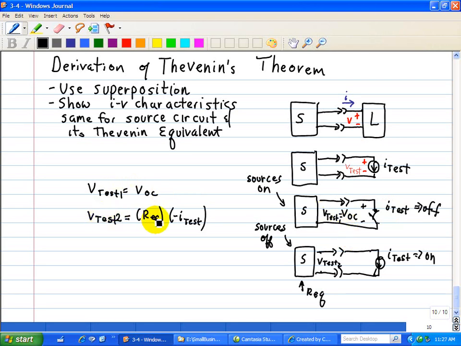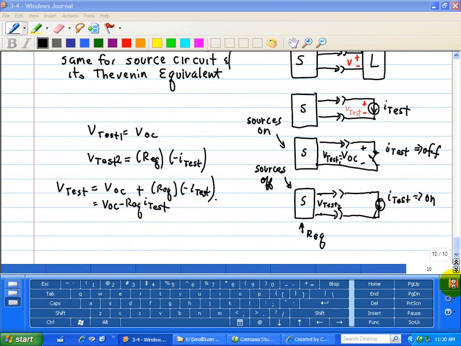And V test 2 is when we turn on this I test and then we turn off the source voltages here. So adding these two voltages, V test, we get VOC plus R_EQ times minus I test, and that yields VOC minus R_EQ times I test.